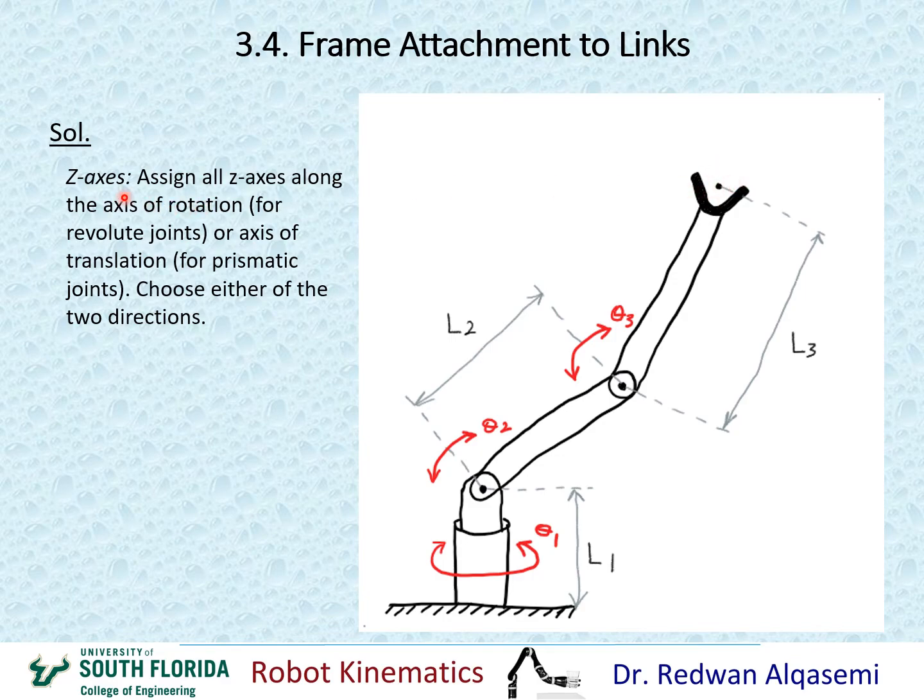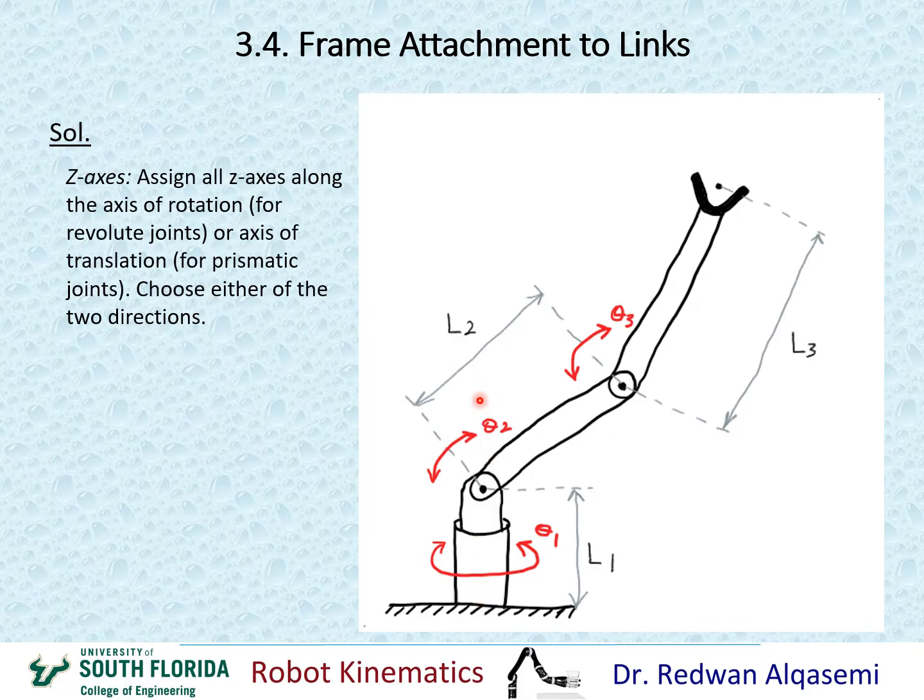Okay, so let me start with the z-axis. We're going to assign all z-axes along the axis of rotation for revolute joints, which is the case that we have, and then choose either of the two directions for our z-axis. So let's see the first axis of rotation. The first revolute joint is here, theta 1, and the axis of rotation is this axis here.